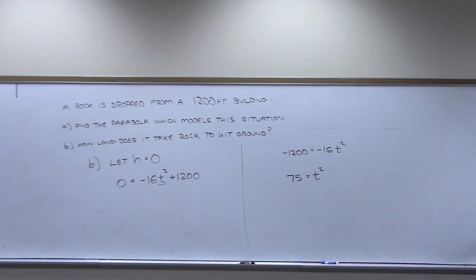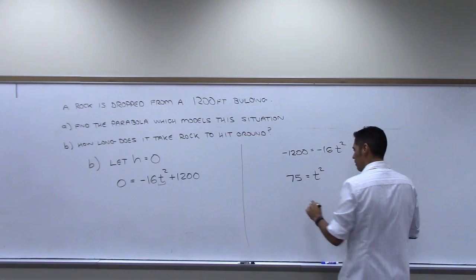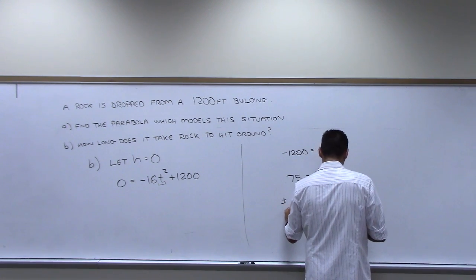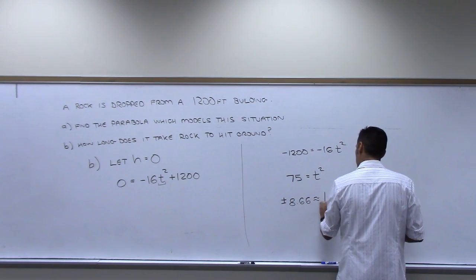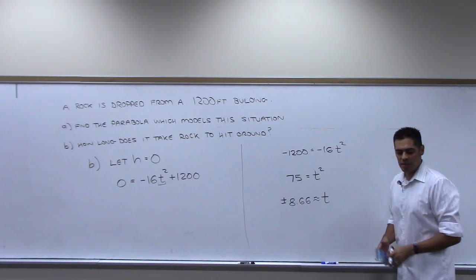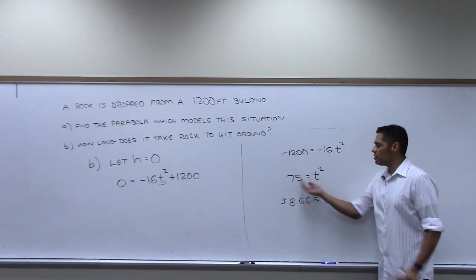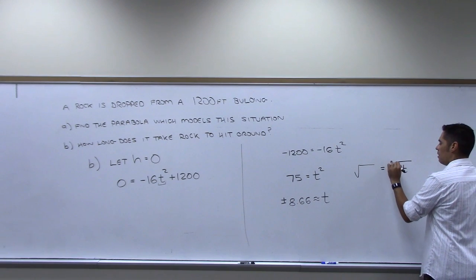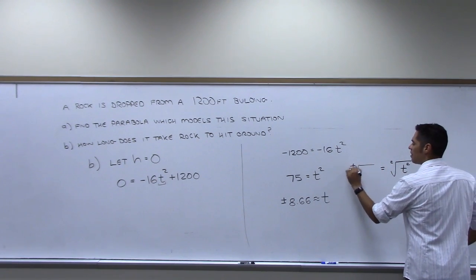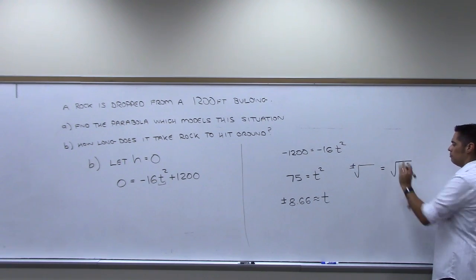And the last thing is square root. You should get two answers, plus or minus 8.66, about. T is about positive 8.66 or negative. Remember, if you take the square root on both sides, you have to do plus or minus.